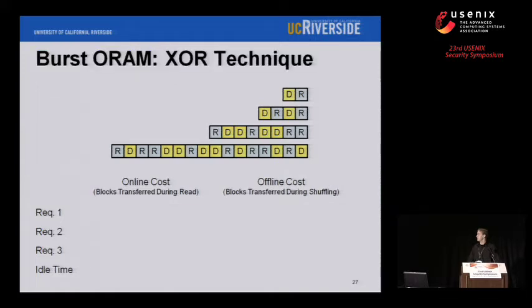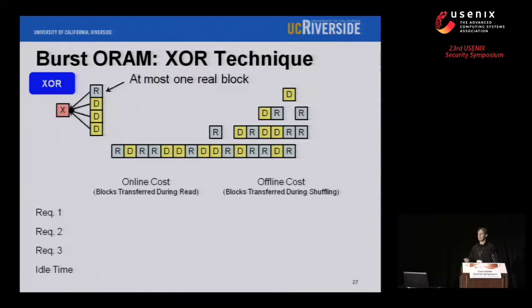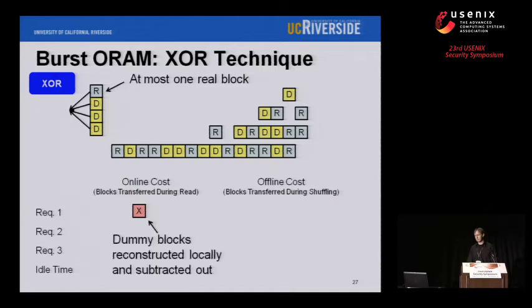So in Burst ORAM, we still have to fetch one block from each level, just like we did before, because just grabbing the real block would reveal to the server some information. But we only need one block of information to actually come back to the client. So what we do is XOR all of these blocks together and just return that combined block to the client.